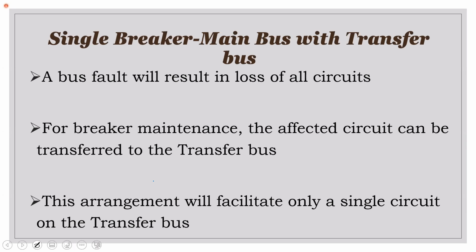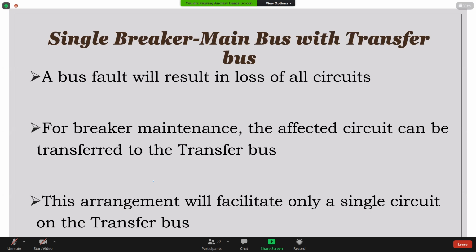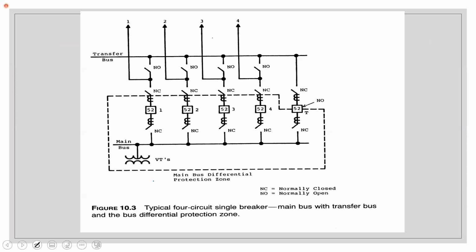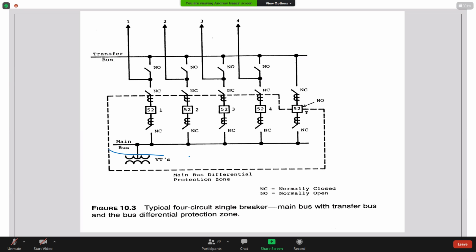All right, so the single breaker main bus with transfer bus is quite similar to what we looked at before. It's a single bus. The difference here, do we have this? Finish writing. All right, silence I suppose means consent, so we move on. So I have my main bus down here.